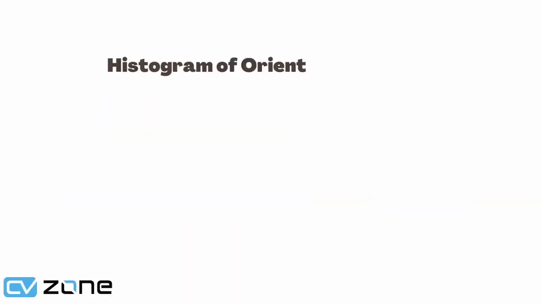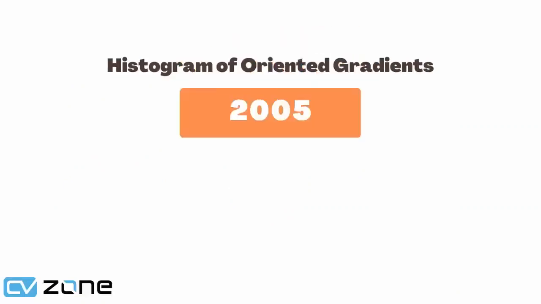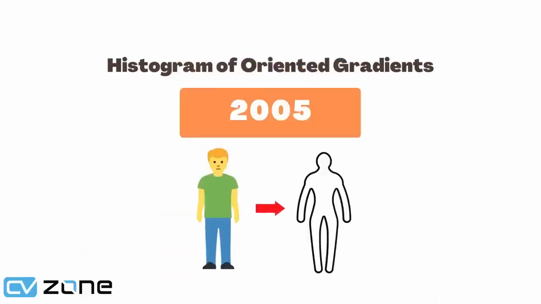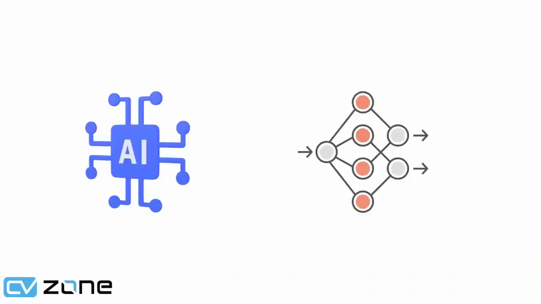The histogram of oriented gradients was another method released in 2005 that focused on the shape of the object. It worked by extracting the gradient and orientation of the edges. This method was mostly used to detect humans in an image. Then came the revolution of AI, with neural networks gaining popularity.